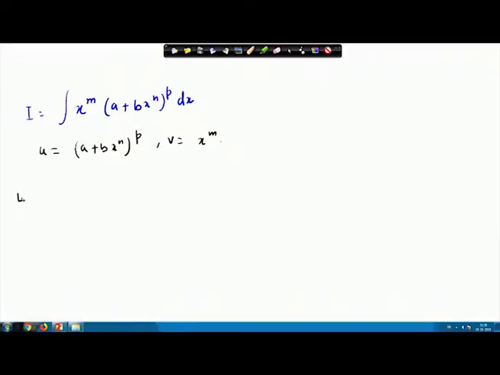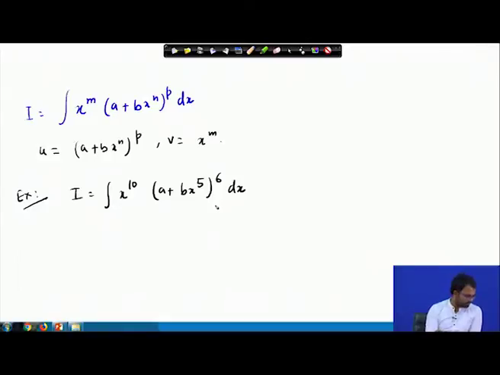So for example, one possible example can be, let's say, I equals x to the power 10 (a plus b x to the power 5) whole to the power, I don't know, 6. So this is one such example which falls into this category, and we basically have to find the reduction formula of this type of integral to calculate an integral of this type. So this is one such example.